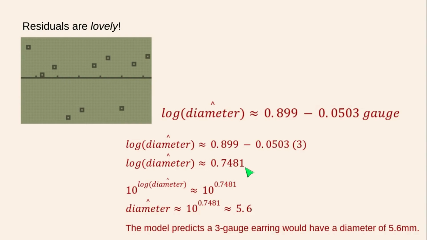And then just as a reminder, to get ourselves out of a logarithm, you may remember from algebra, you consider the base of the logarithm. If there's no visible base, then the base is 10. And so we would exponentiate with a base of 10 on each side. The predicted diameter, therefore, is equal to 10 to this messy exponent, which turns out to be about 5.6. So the model predicts a 3-gauge earring would have a diameter of 5.6 millimeters.